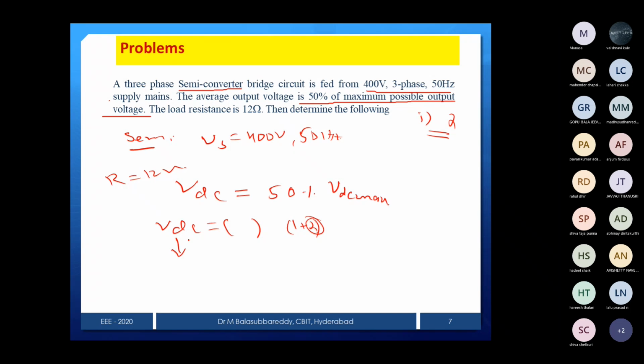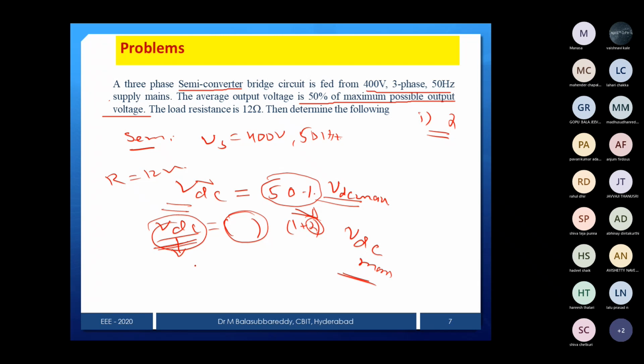VDC is known to you, the only unknown is alpha, and you will get alpha directly. But how do you calculate the VDC value? Directly VDC is not given, only 50% of maximum is our VDC. Under that condition, what is alpha? How will you get the VDC maximum? This is the question. Once you know this VDC maximum, you can easily solve that problem.